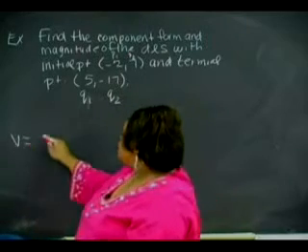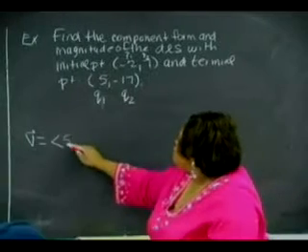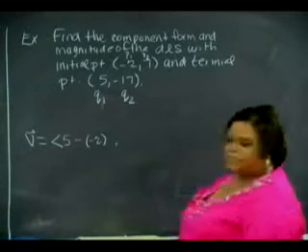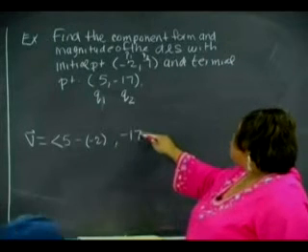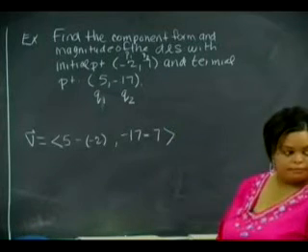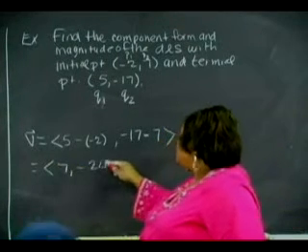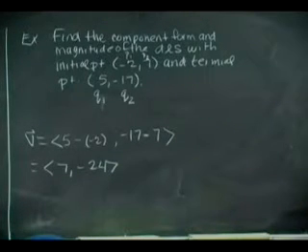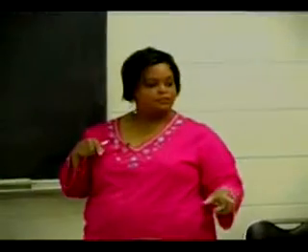So this vector in component form is Q1 minus P1 and Q2 minus P2, which is 7 and -24. And that's a component form now, right? That pushes that initial point to the origin. That's what it does.